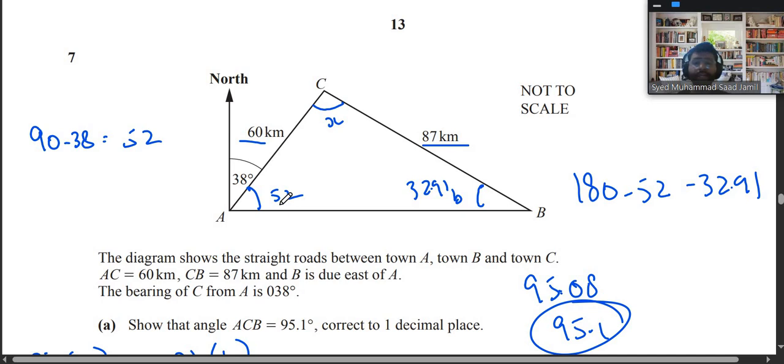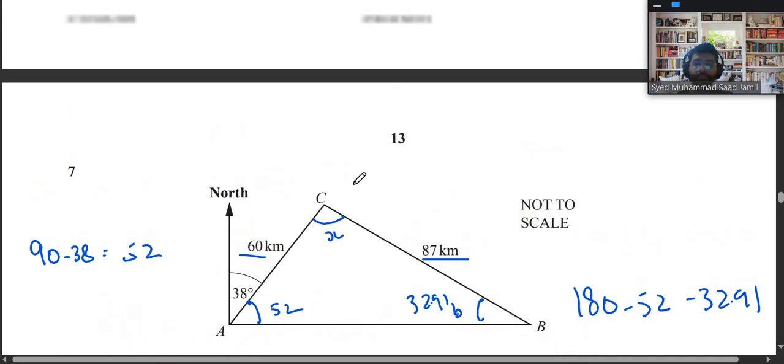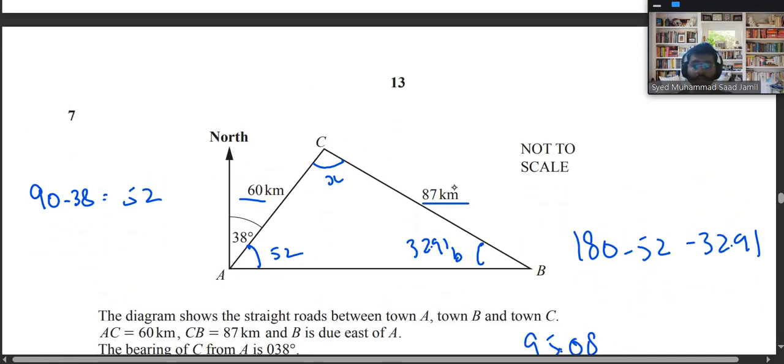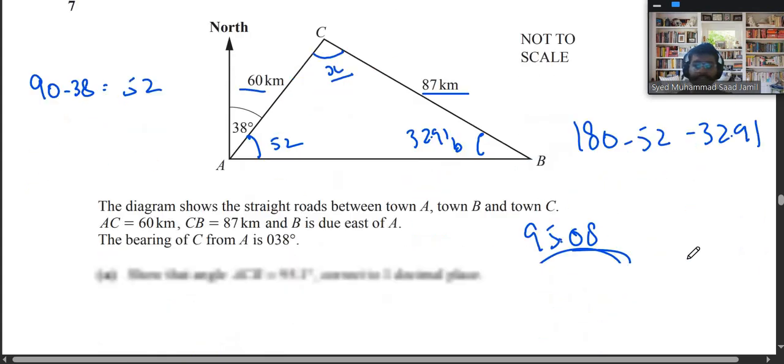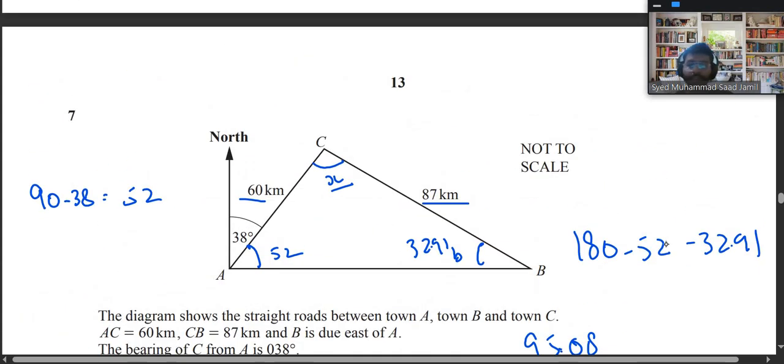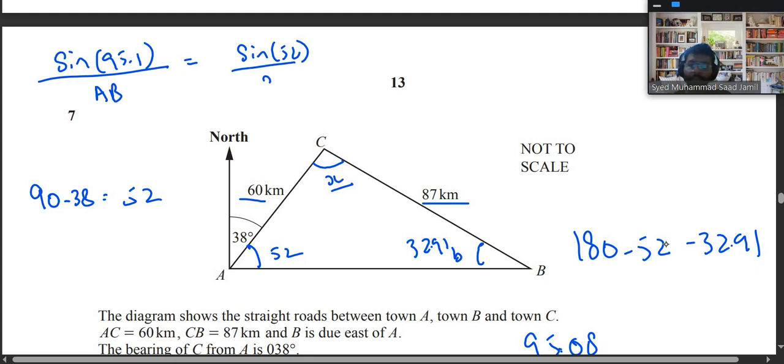So we'll use sine law again to find the distance from B to A. We already know this angle is 95.1. So sine 95.1 upon AB is equal to sine 52 upon 87.